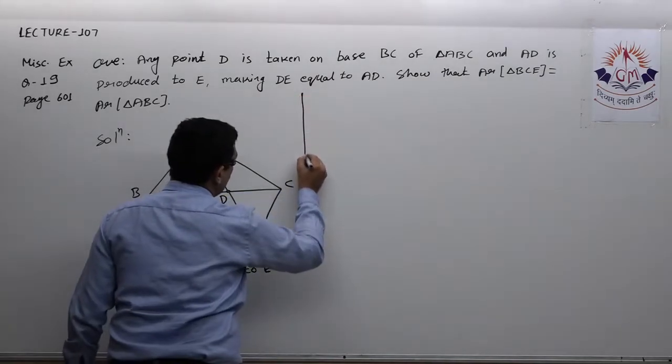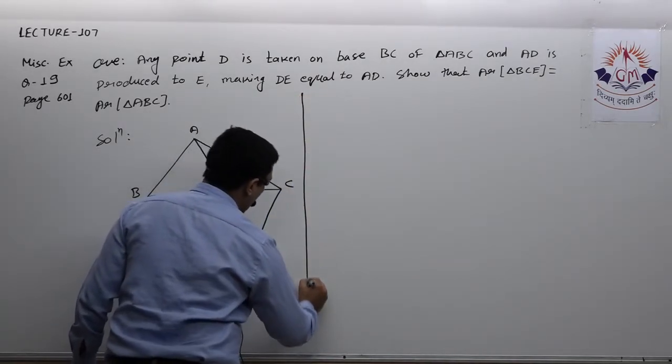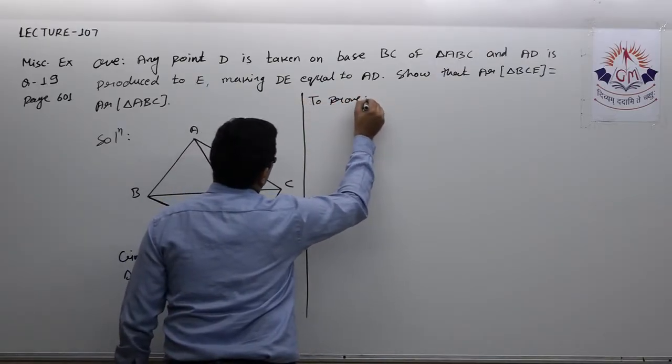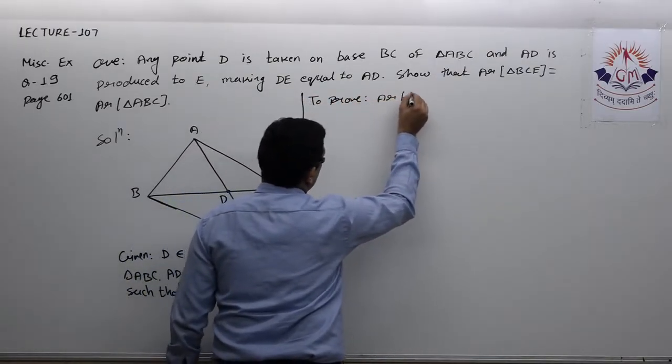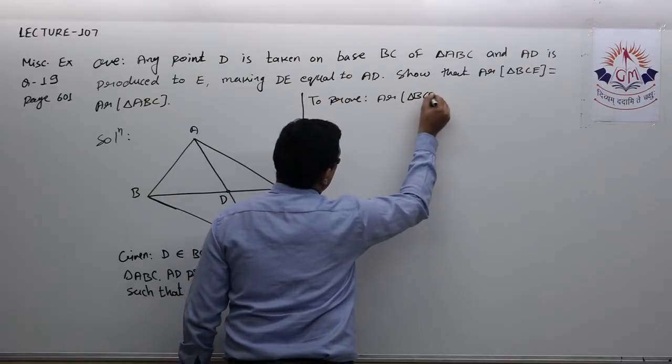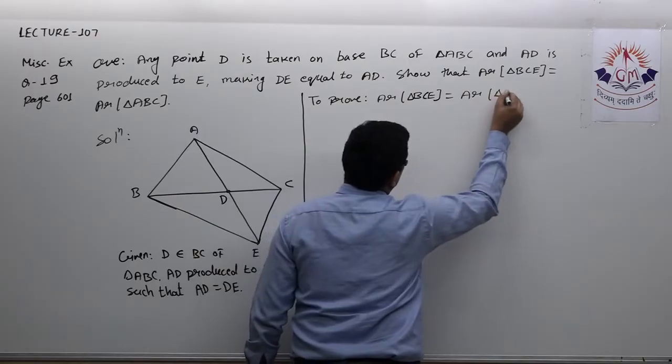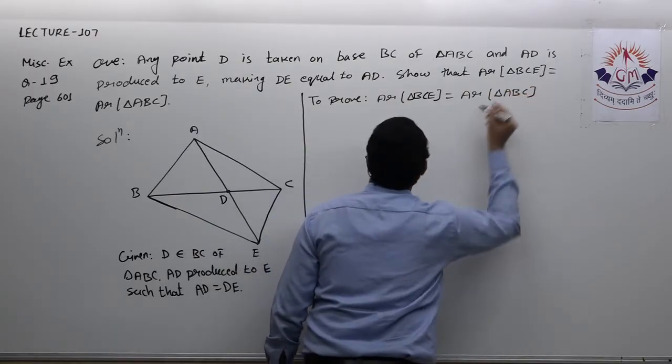To prove that these two triangles are equal in area, to prove area of triangle BCE is equal to area of triangle ABC.